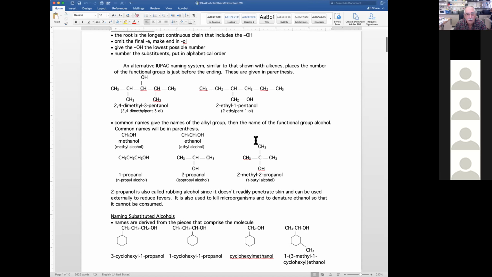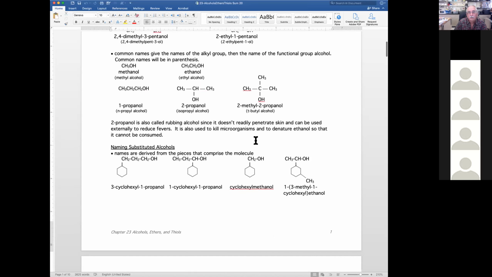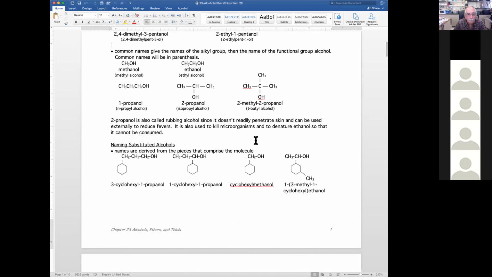And then common names give the alkyl group and then the name of the functional group, which in this case is alcohol. So methanol is also known as methyl alcohol, and notice I don't have to put the 1 in front of it because we don't need it. Similarly, ethyl alcohol.